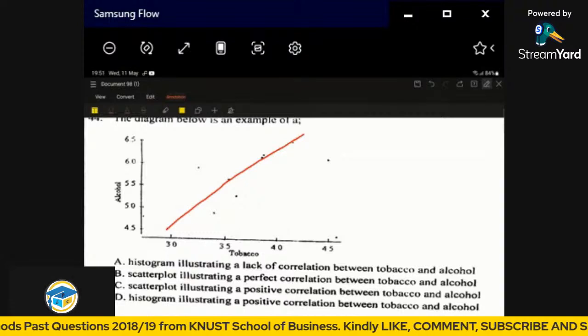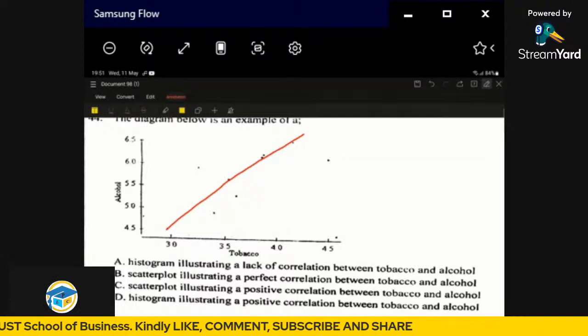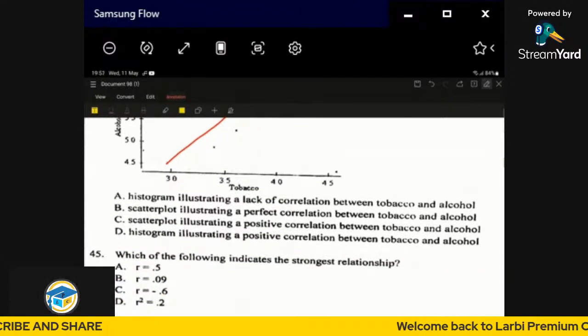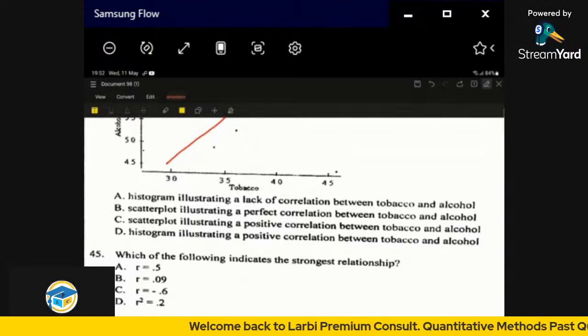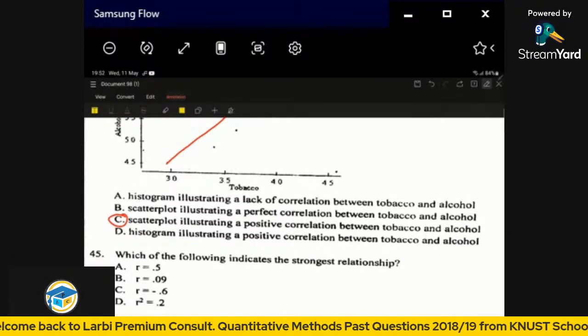Because it's a positive correlation, an upward line indicates a positive correlation. So it is a scatter plot illustrating a positive correlation between tobacco and alcohol. That's going to be option C, not a perfect, but rather a positive correlation.